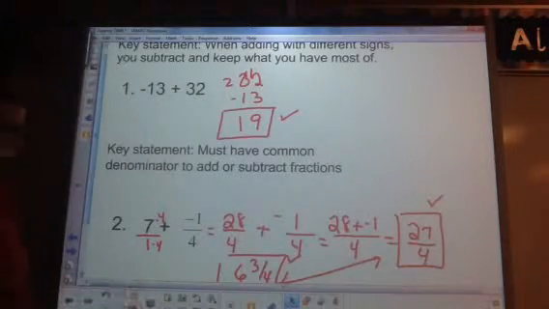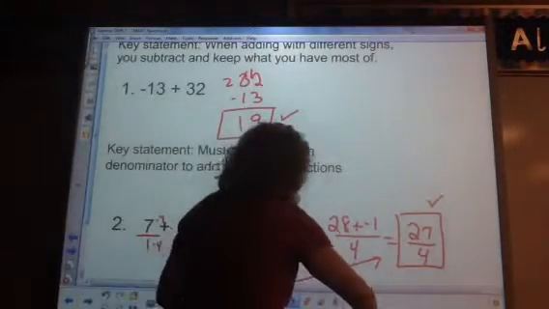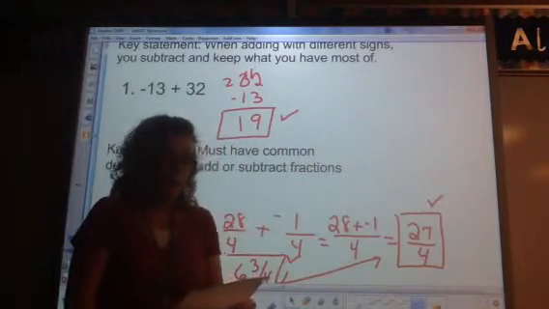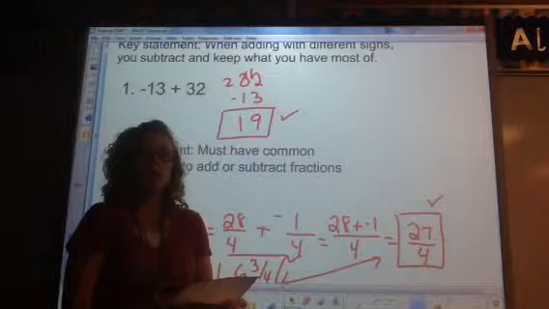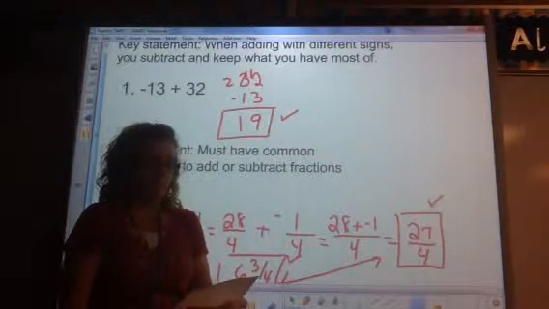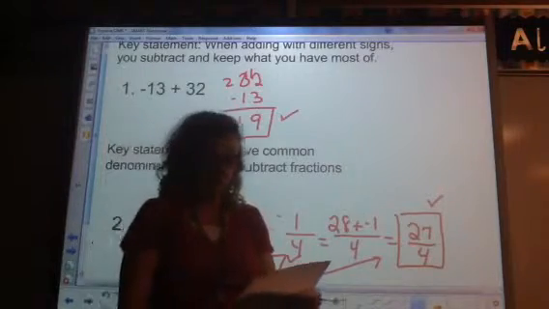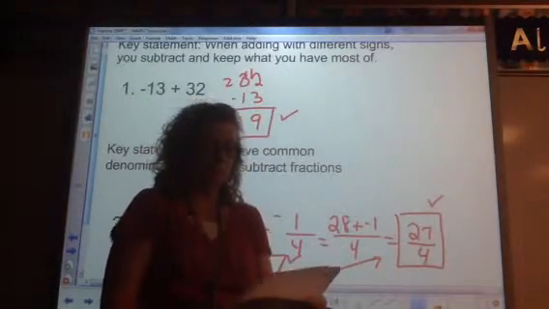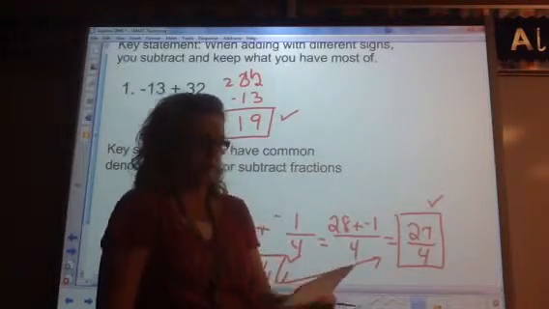Okay, let's do our mental math for day 3. Pencils down, please. Find 10% of 80. Double it, square it.